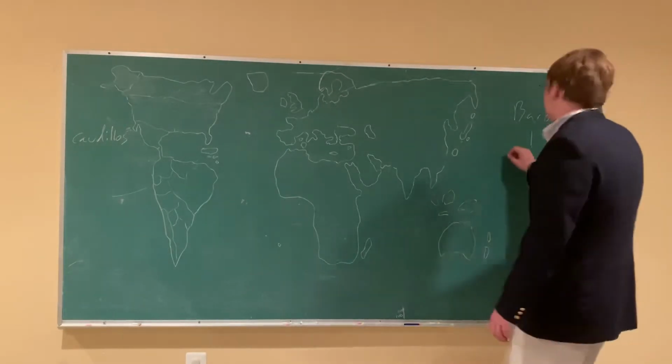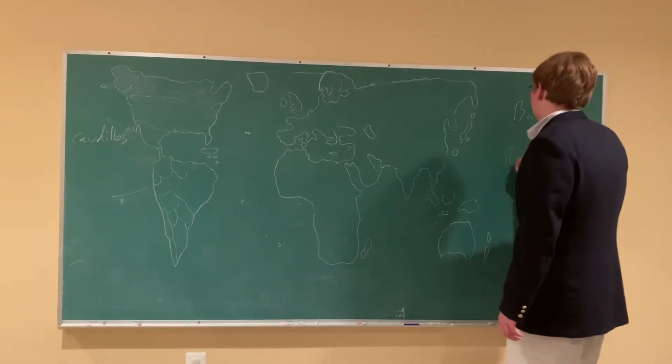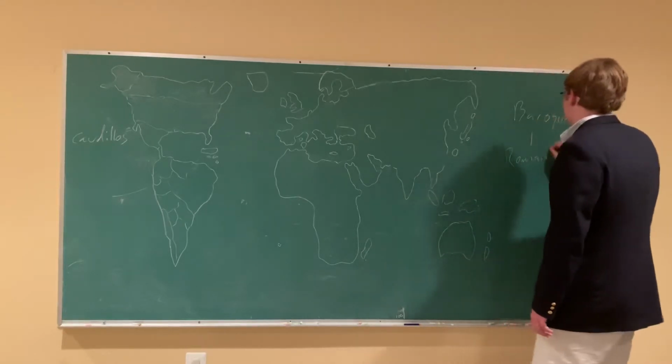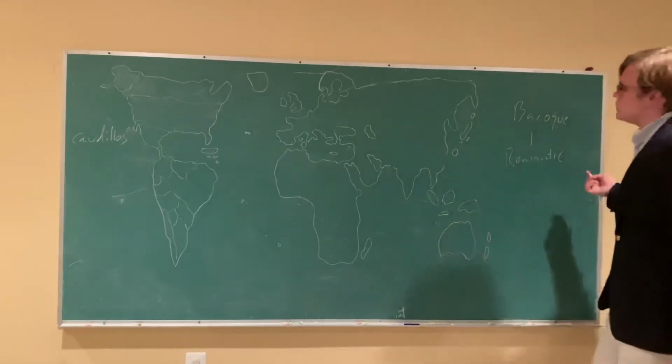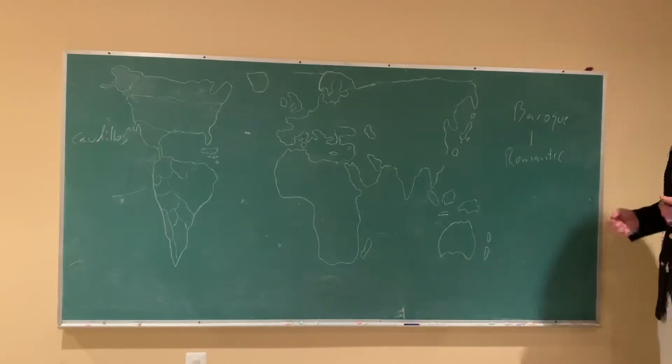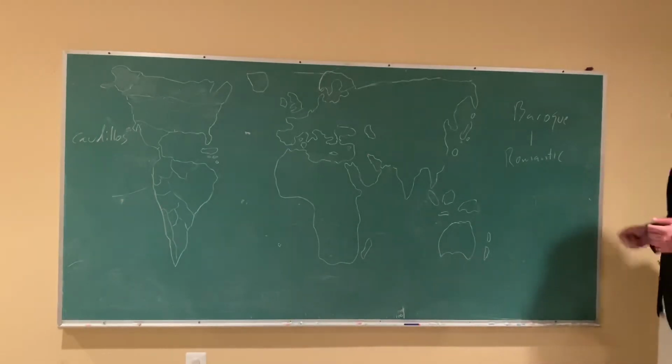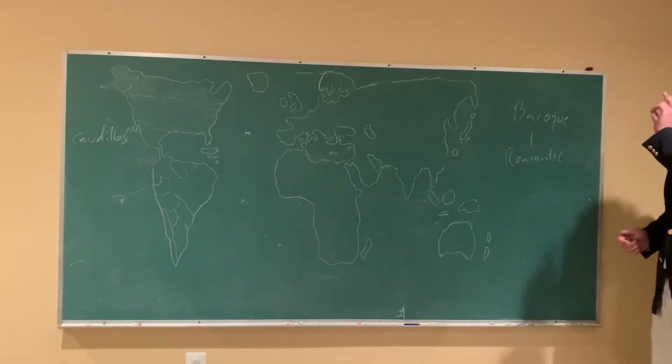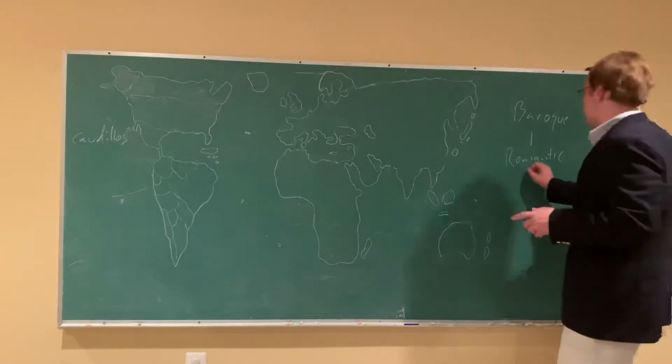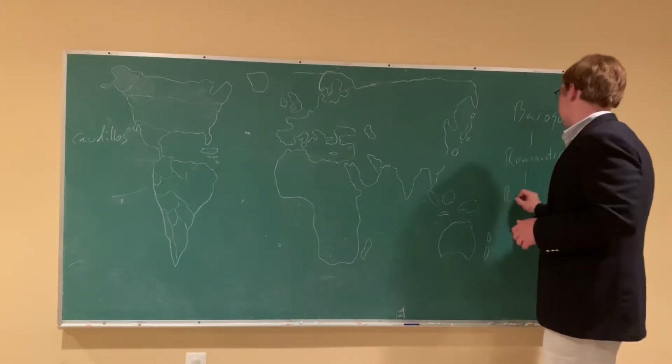So then you go into more of the Romantic stuff, which is again idealistic, but it also takes on more natural themes. A lot of Baroque stuff is Christ-centric, Bible-centric. Then you go into Romantic, and then you have some different stuff going on.